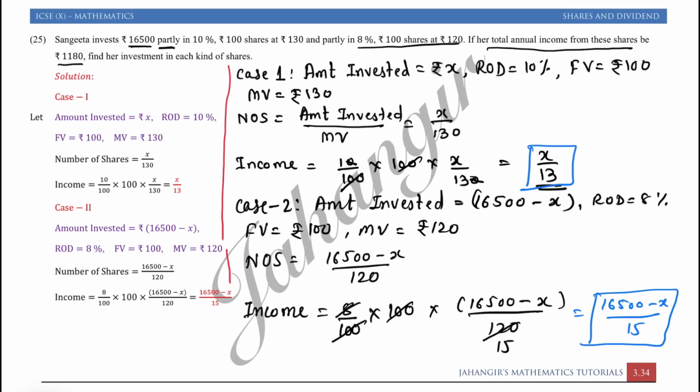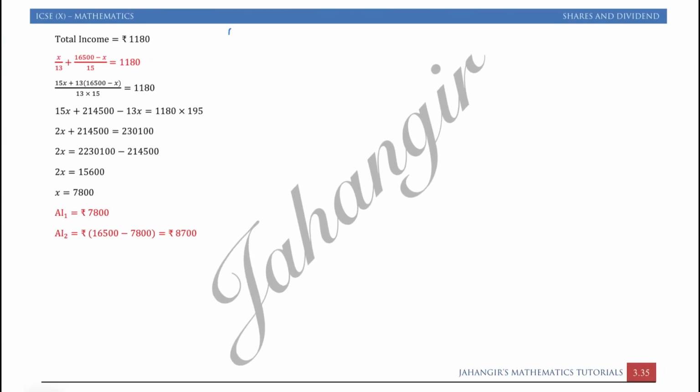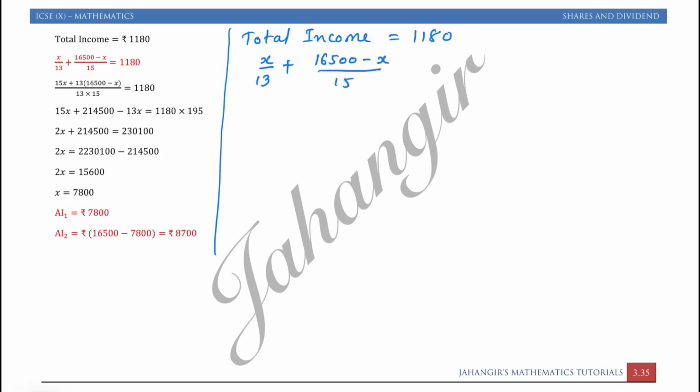So here we will add both incomes. Since total income is 1180, so we will write total income is equal to 1180. So total income: income in first case, that is X upon 13, plus income in second case 16,500 minus X upon 15 is equal to 1180.